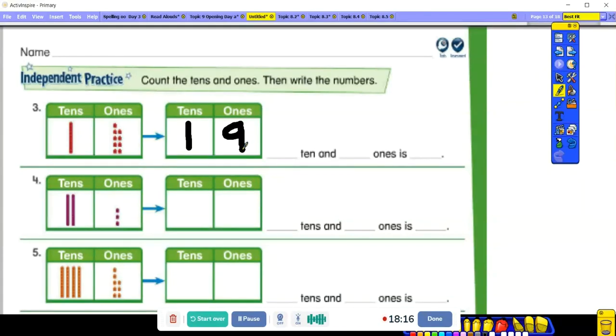So now what's our number? 19. So we see 1 10 and 9 ones, and we know that is 19. If we're not sure, we can come back here and count. We know 10, 11, 12, 13, 14, 15, 16, 17, 18, 19.